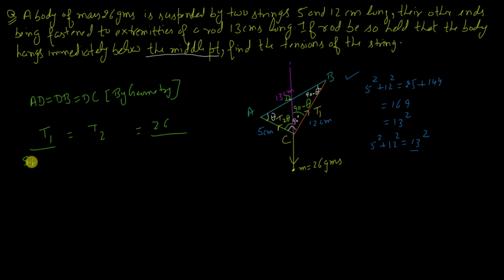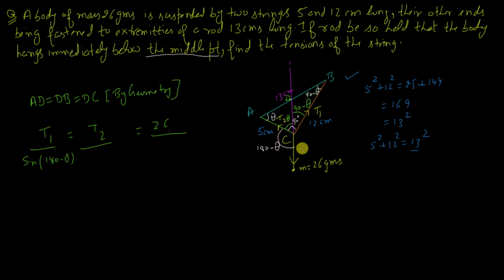Sine of the angle of T1, this is T1, angle between T2 and 26. If this angle is theta, look over here, this angle will be 180 minus theta. So I am going to mark this angle as 180 minus theta.